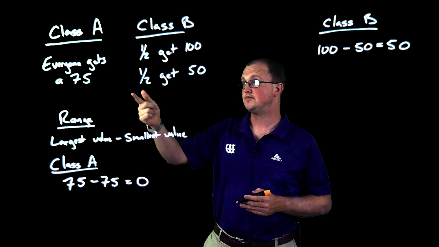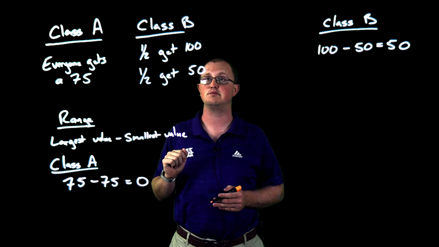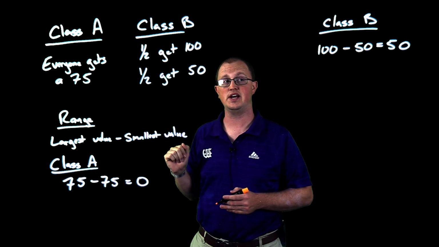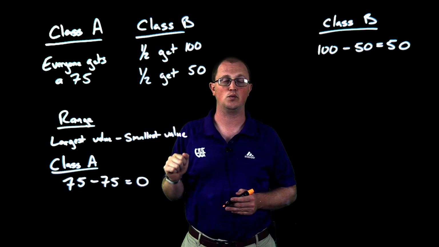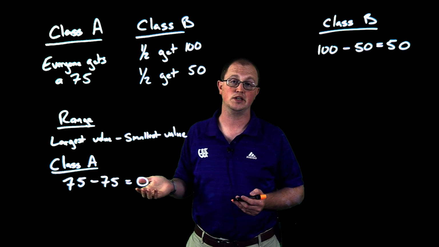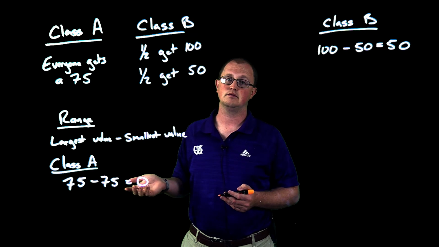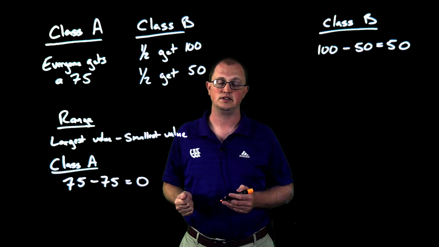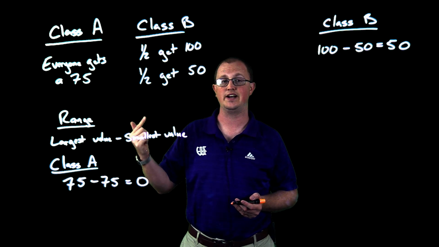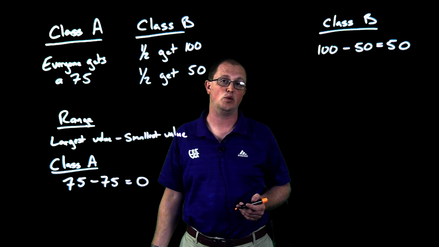So for example, if one of these people in class B that got a 100 happened to be in class A, then all of a sudden we have everybody gets a 75 except for one, and so our largest value becomes a 100. And then all of a sudden class A has a range of 25 instead of 0, but we've only added one extra point.